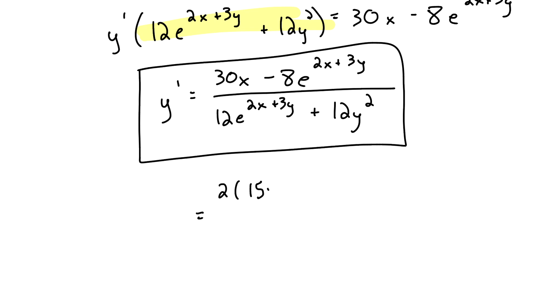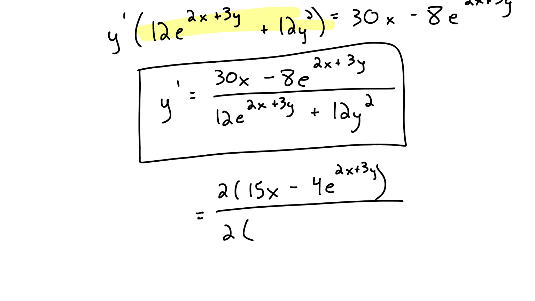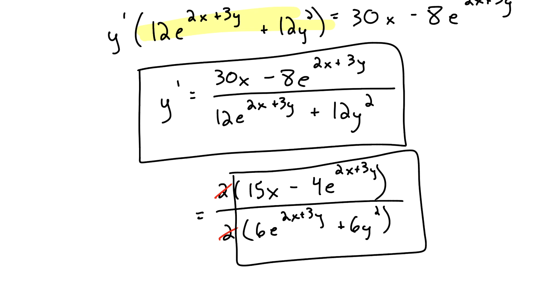We've got 15x minus 4e to the 2x plus 3y power, all over 2 in our denominator. That would be 6e to the 2x plus 3y power plus 6y squared. And then we can cancel that common factor of 2. So either one of these I think is perfectly fine as your answer.